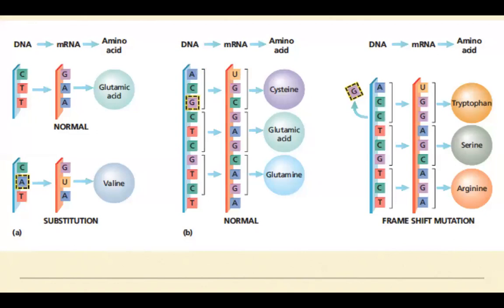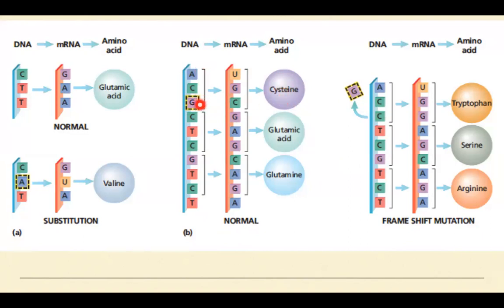So here's what the normal gene sequence or the normal base sequence looks like. During a frameshift mutation, you can see that we've deleted the G. I like this because I want you to see what the frameshift mutation looks like.